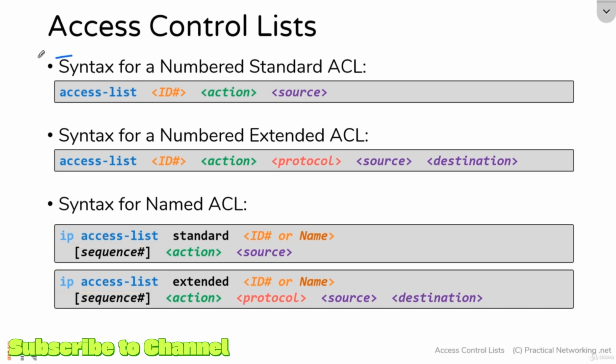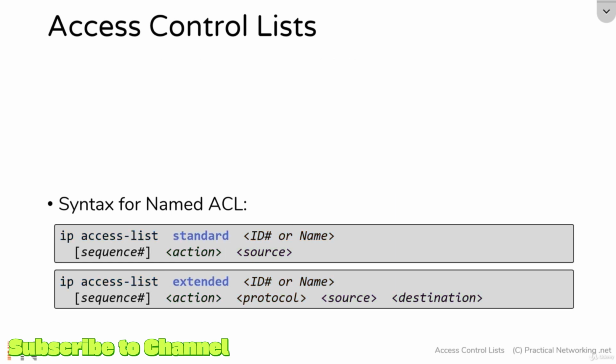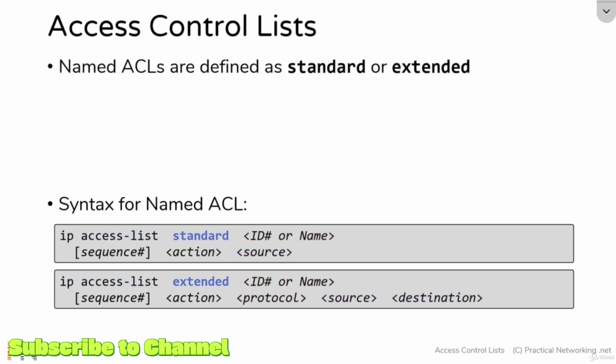So you'll see between numbered access list and named access list, the syntax is largely the same. There's actually only two differences: that word right in there and the sequence number right there. So let's talk about them. When you create your named access list, you explicitly define them as either standard or extended. So those concepts of standard access list and extended access list still apply.